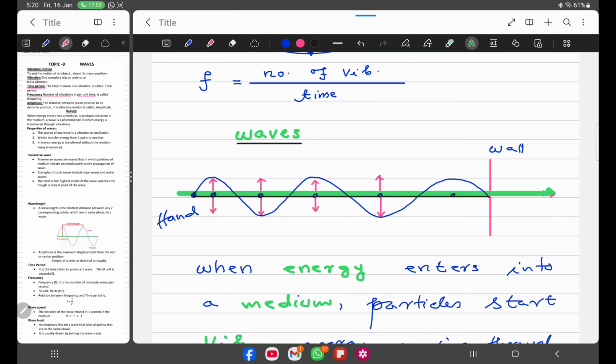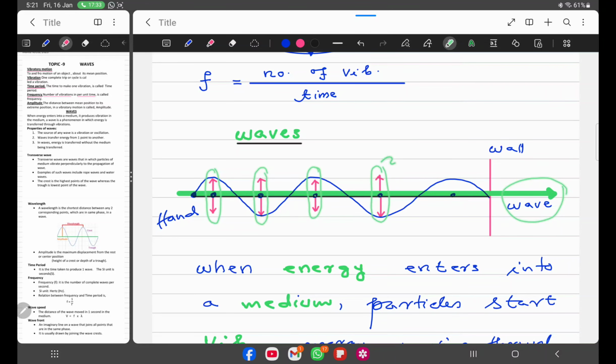So this is the direction of the wave, this is the direction of energy. And now you can see the particles of the medium are vibrating perpendicular to the wave. The wave is traveling horizontally and the particles are vibrating vertically.